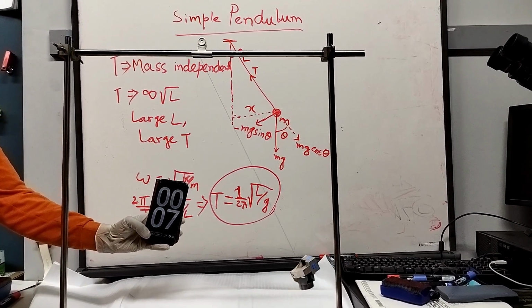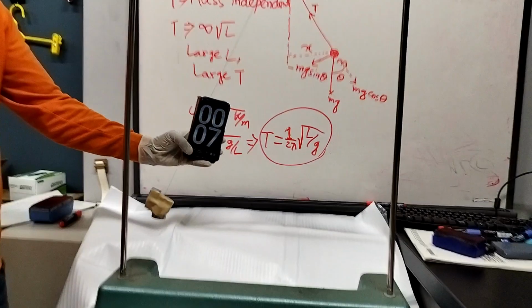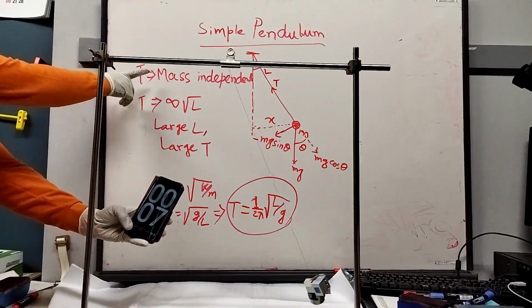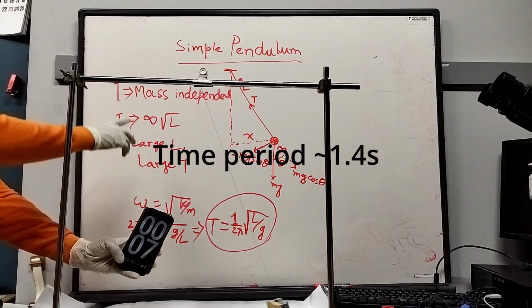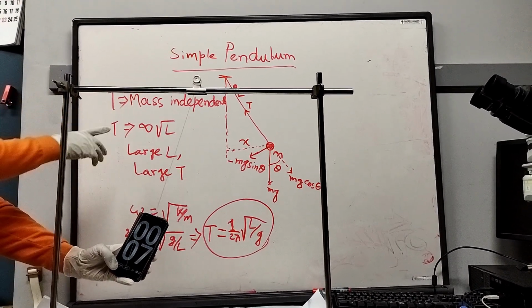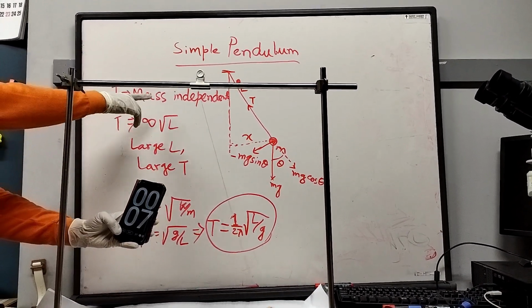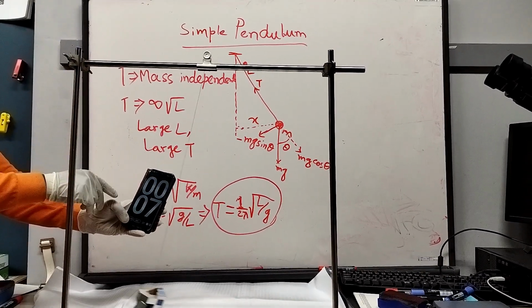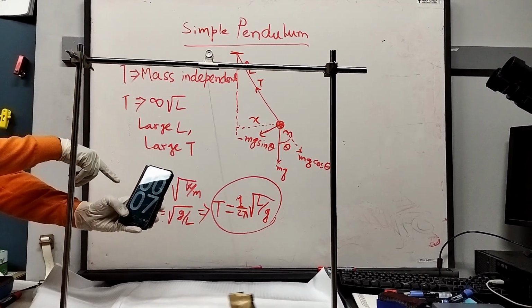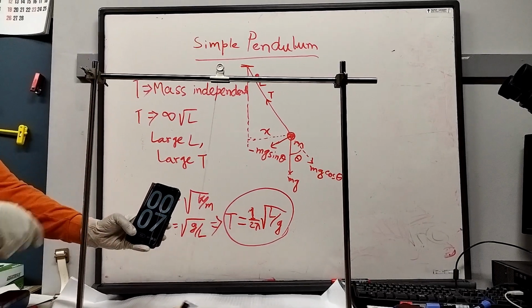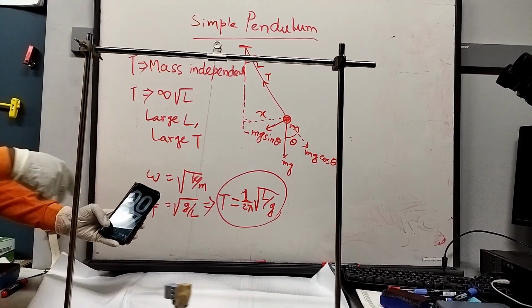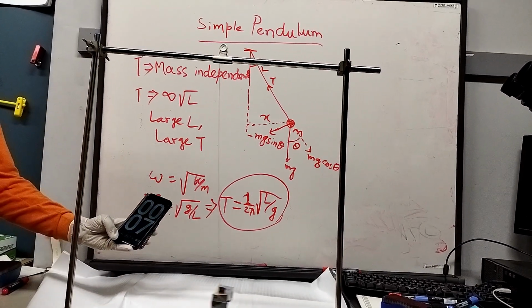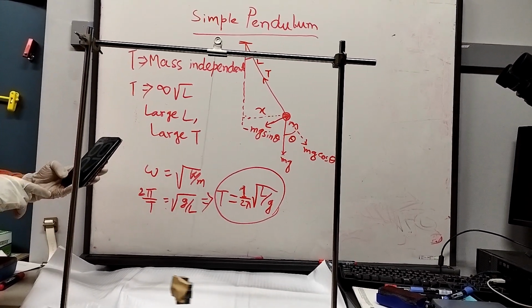Again you see, even though we increased the mass at least 5 times compared to the original mass, still the time period remains the same, around 1.4 seconds like previously. So the time period is certainly mass independent. You can check by yourself for some other mass and check out this mass independence of the time period of oscillation for the simple pendulum motion.